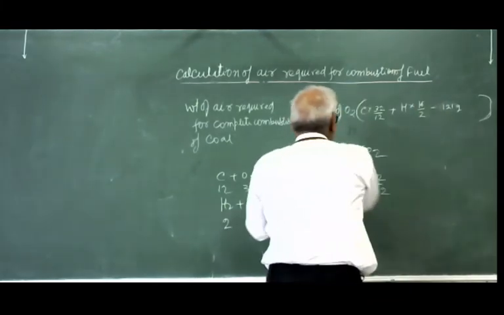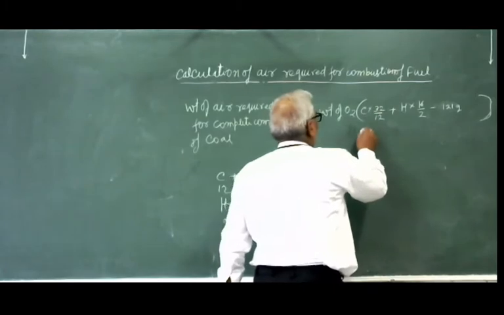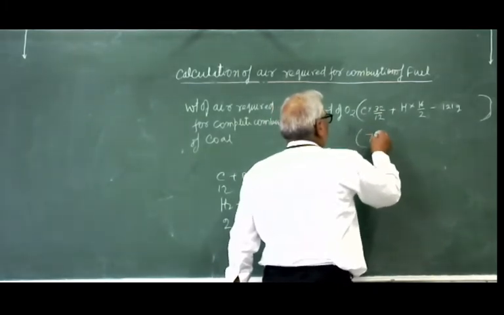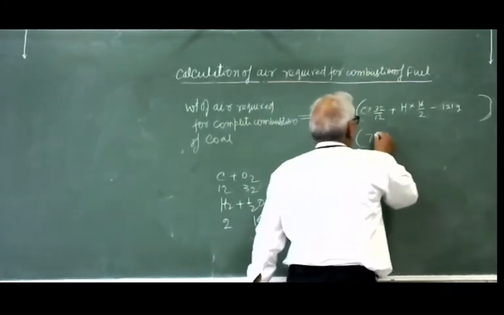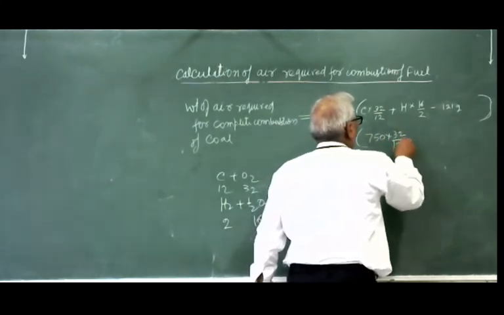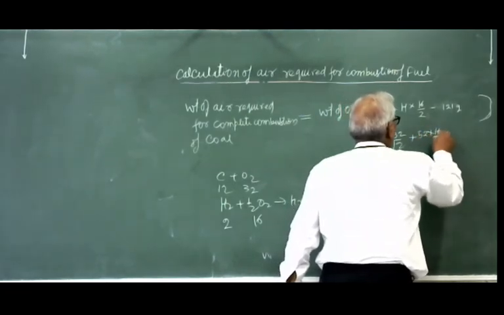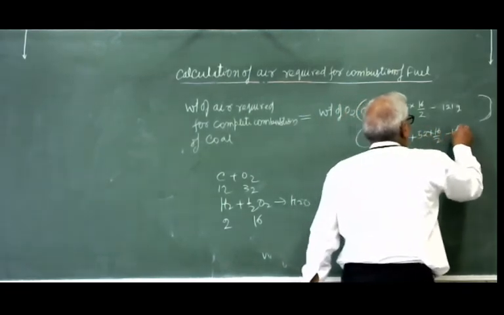So it is 750 into 32 upon 12 plus 52 into 16 upon 2 minus 121.